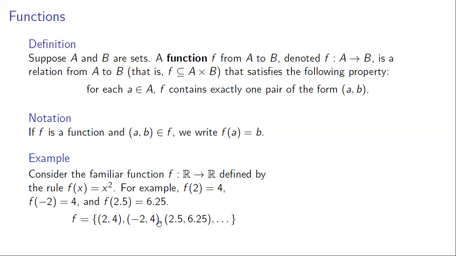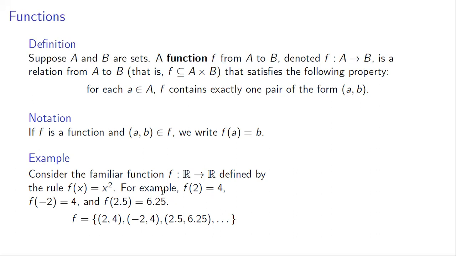But of course, this is not really the correct way to write it, because it's not obvious from what we have here exactly what's included in the function and what's not included. Right here, we're just giving some examples of things that are in the function, but we need to be able to write this function in a way that's perfectly clear about which pairs are part of the function and which pairs are not.